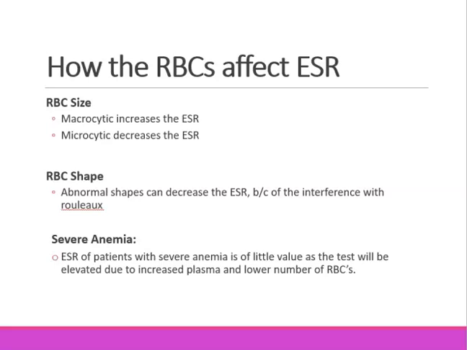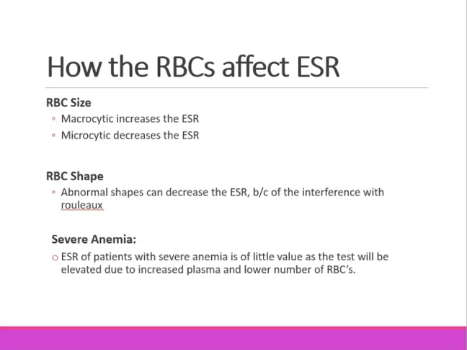The size of the red blood cells, whether they're macrocytic or microcytic, can affect whether it's an increased or decreased ESR reading. The shape of the red blood cells: abnormally shaped red blood cells can decrease the ESR because of interference with rouleau.